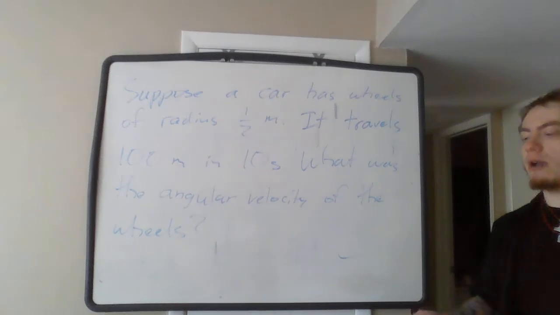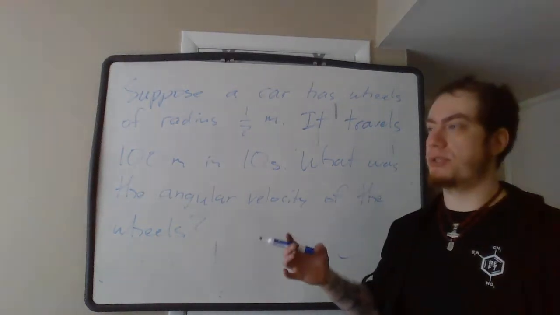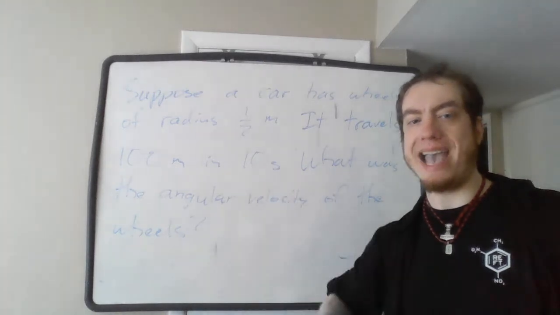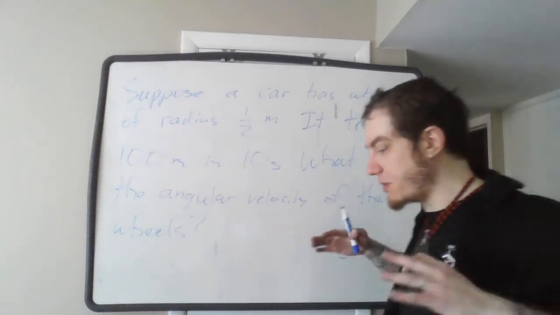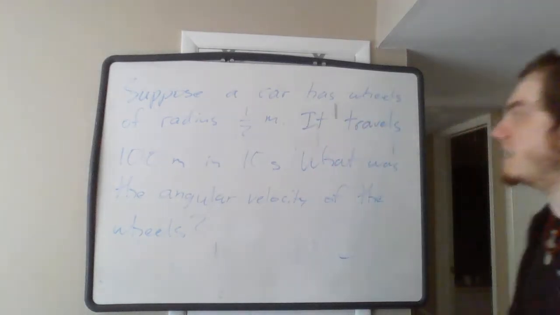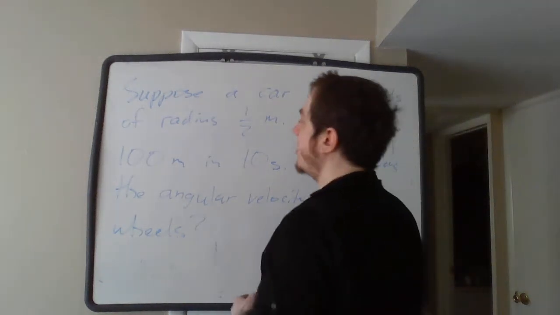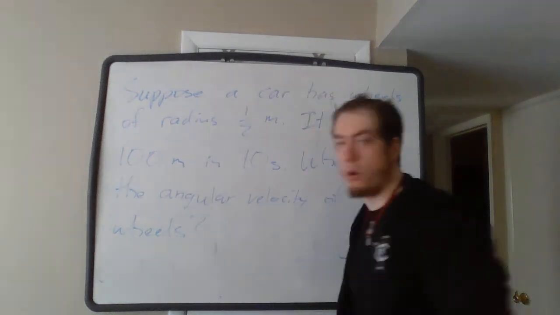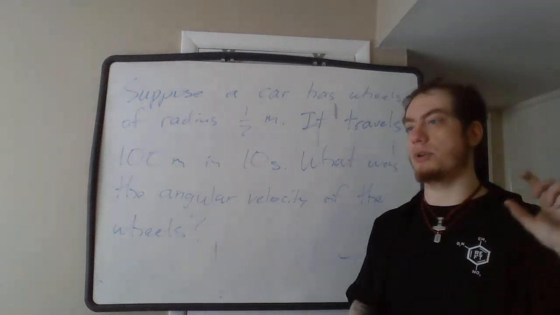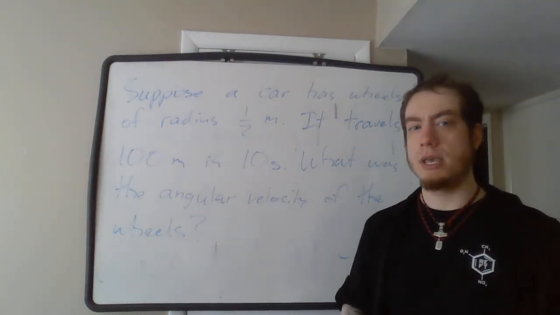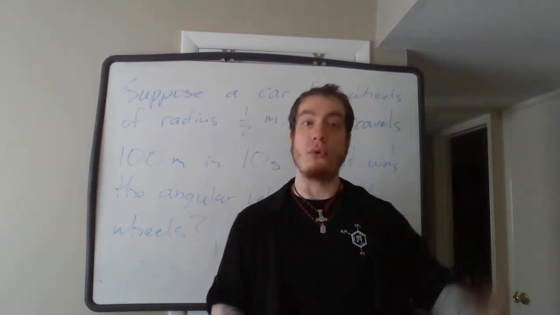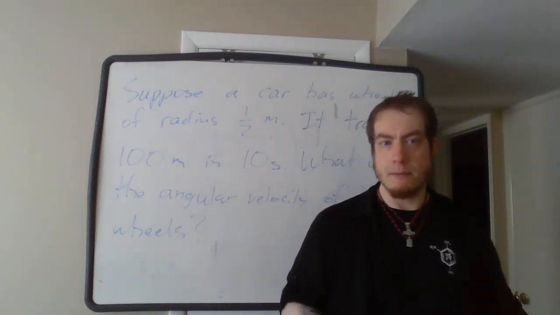Now, how would I figure out how many times the wheels turned, or really what angle the wheels turned through as they went? Because we have these wheels rolling along. Well, here's the key. If I take the distance that we go divided by the circumference of the wheels, that is going to tell me how many full turns I made.